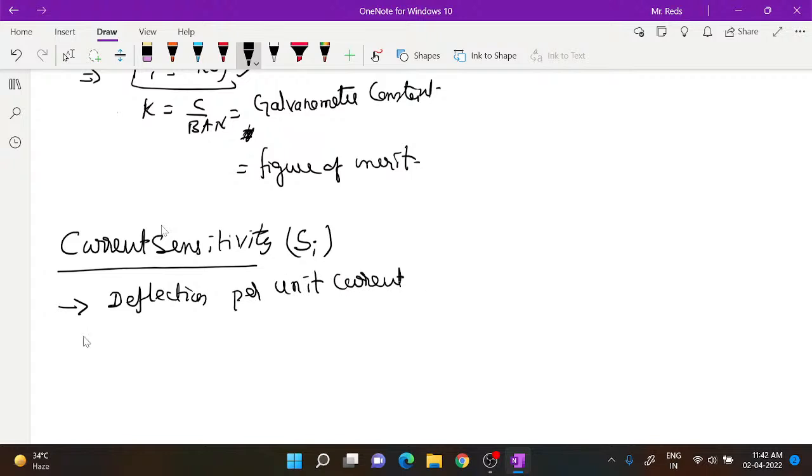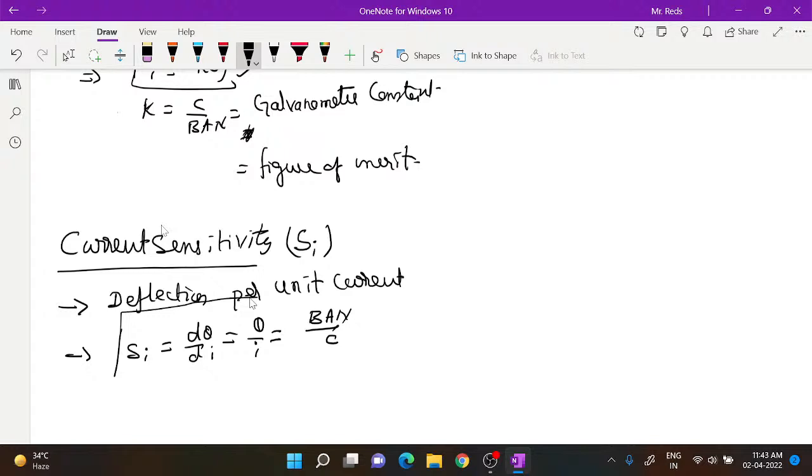It is given by S, that is deflection per unit current, which you can write as d theta by dI, or simply theta by I, is equal to, from the above equation, BAN by C. BAN by C is the mathematical expression for current sensitivity.